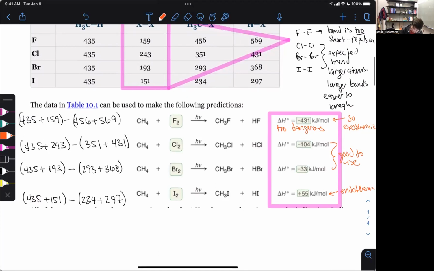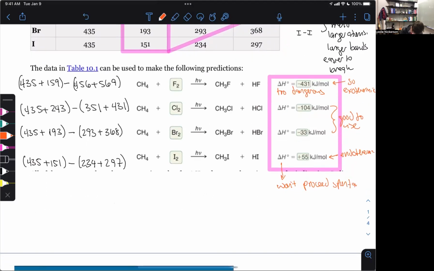Okay, so this one won't proceed spontaneously without a lot of heat being added. So because of that, it's just not very practical to run a radical iodination. But the chlorine and the bromine are worth a little bit more analysis.